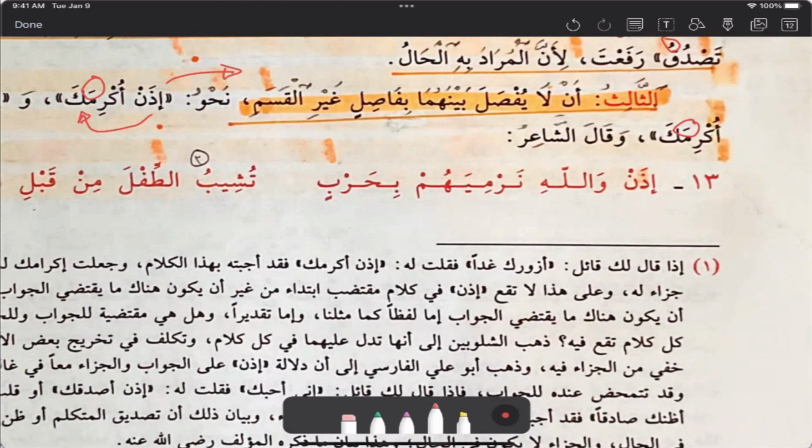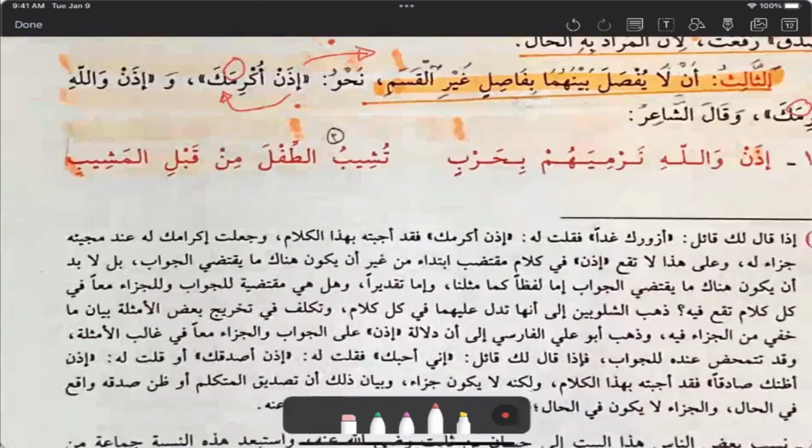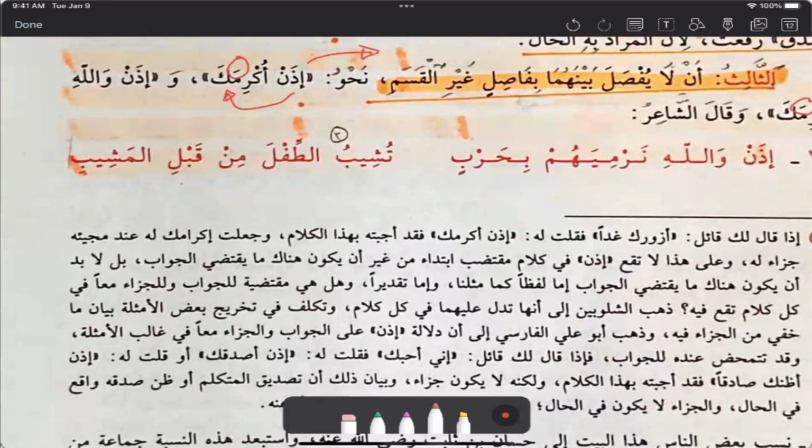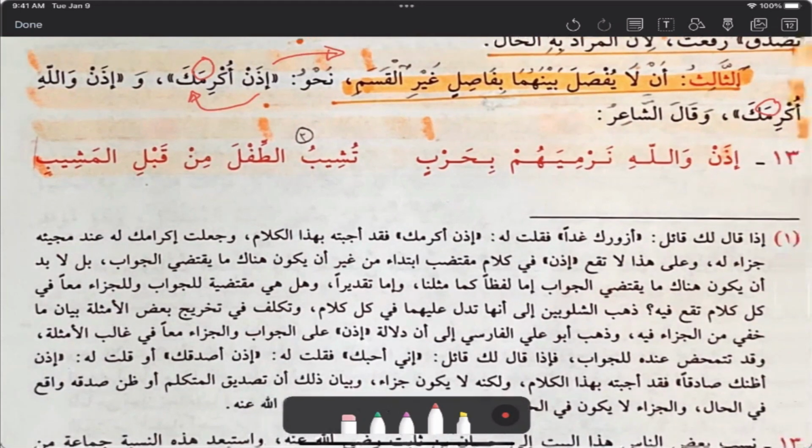وقال الشاعر, the poet said, إذن والله نرميهم بحرب تشيب الطفل من قبل المشيب. So the poet is responding to something. So إذن is in the beginning of his sentence.